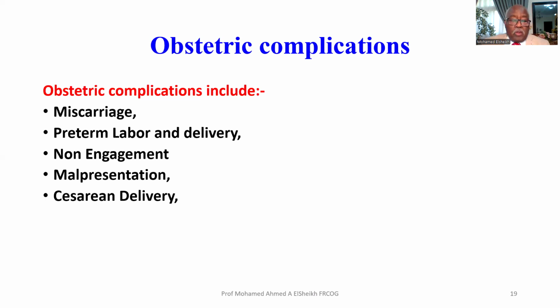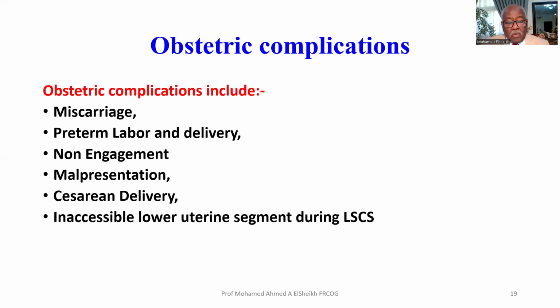They are likely to be delivered by cesarean delivery, and during cesarean section, the lower segment may be inaccessible, in which situation you may need to do a classical cesarean section. When we say LSCS, it means lower segment.